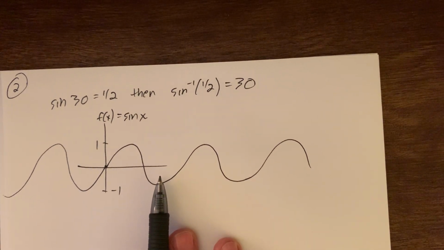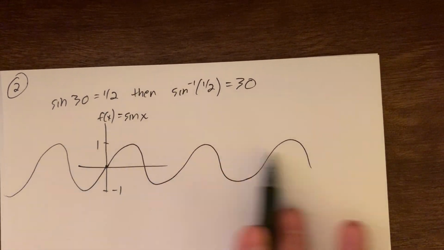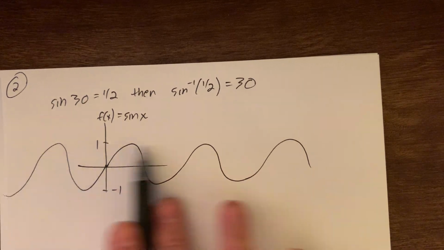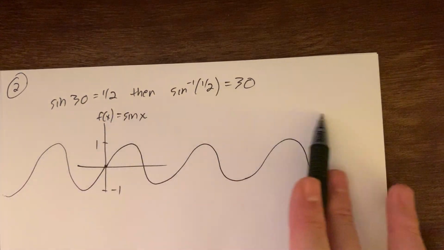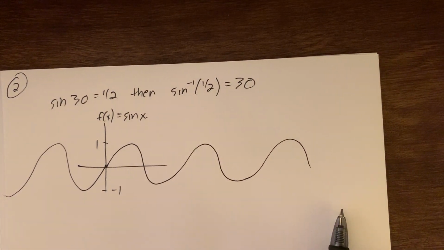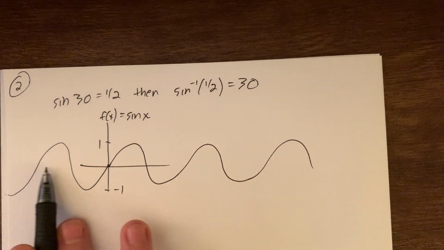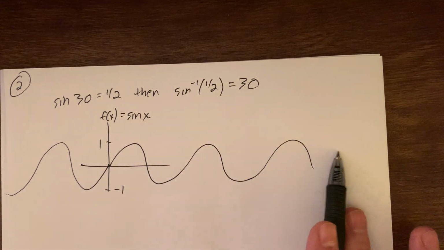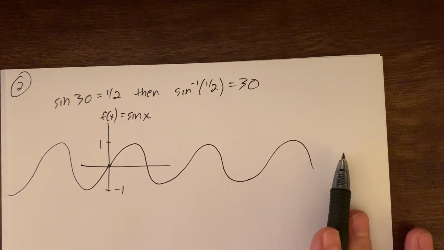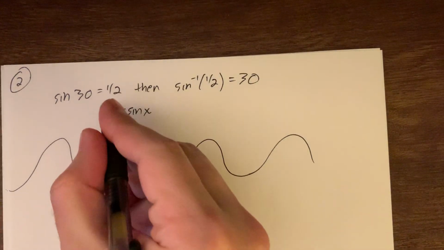This function is not 1-to-1. It does not pass the horizontal line test. A horizontal line up here, a horizontal line down here, they don't hit the graph at all, but any horizontal line in here, like the x-axis or a line up here, is going to hit the graph an infinite number of spots.